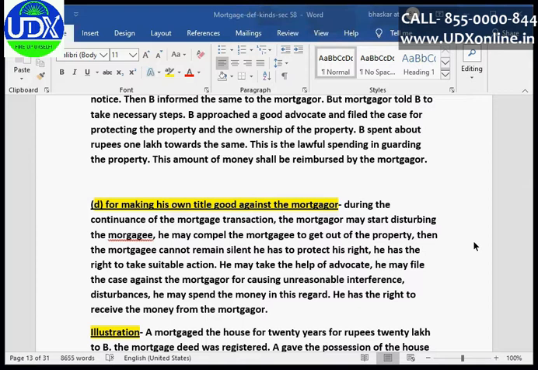Sometimes the mortgagers may become the enemy of mortgagees.